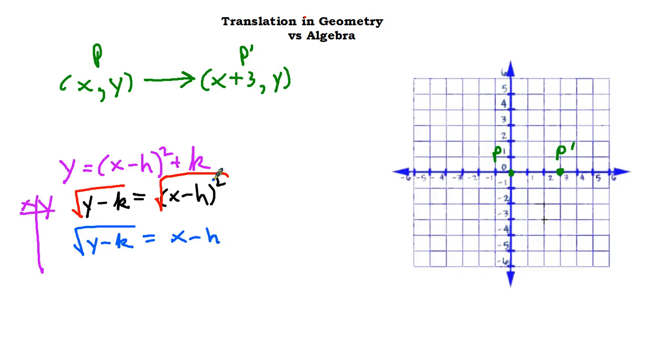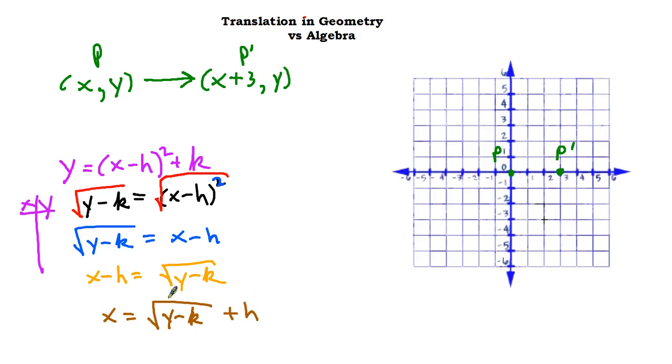We no longer have this square. If we square root a square, we just get x minus h. I'm going to go ahead and move x to the other side. So it'll be x minus h equals the square root of y minus k, and then we'll just add h to both sides, and when we do, we get x equals the square root of y minus k plus h.